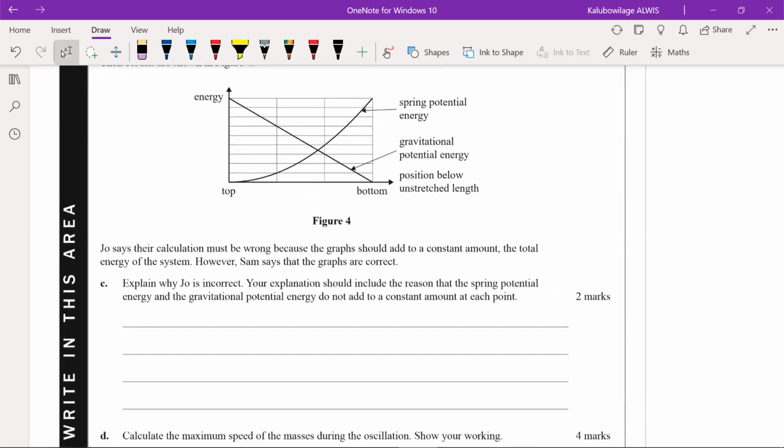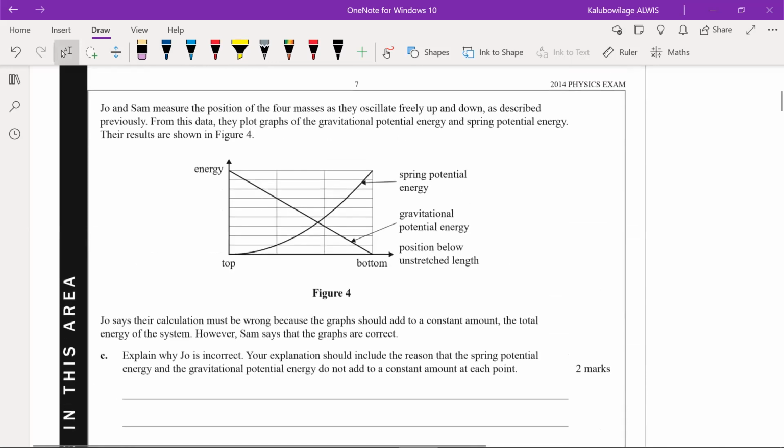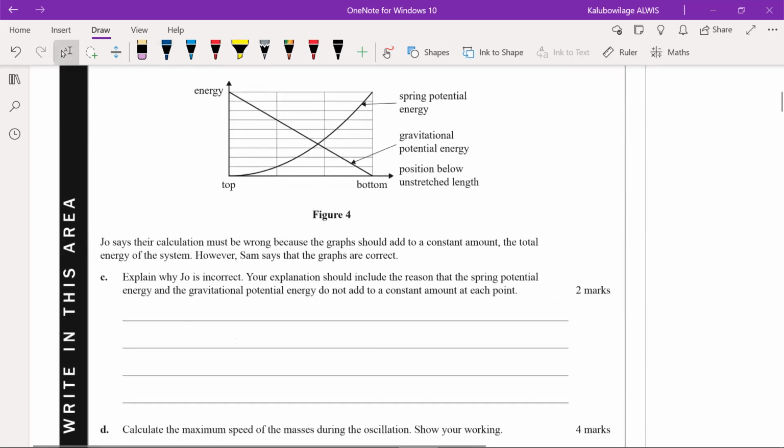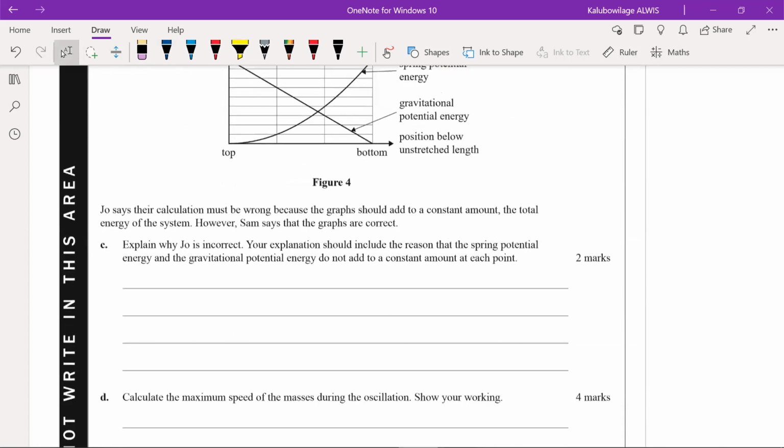Explain why Joe is incorrect. So in this question, in their calculations, they're only using spring potential and gravitational potential and not kinetic energy.